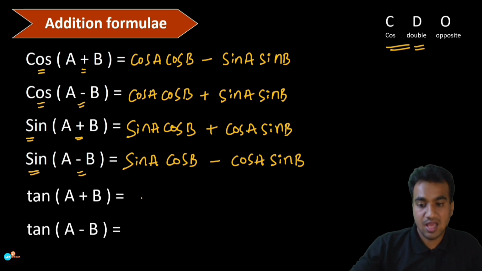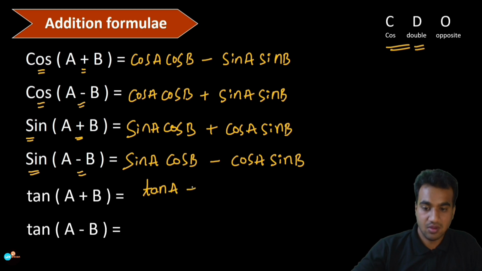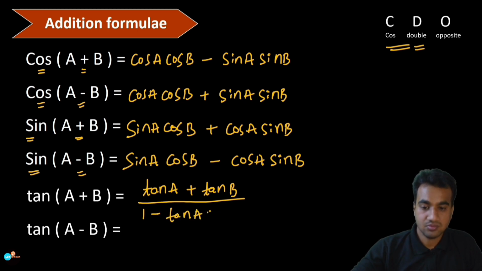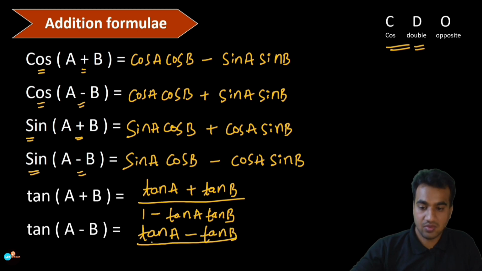So tan a plus b formula you can write like this: tan a plus tan b divided by, ಇಲ್ಲಿ ಪ್ಲಸ್ ಇದೆ ಅಂತಂದರೆ ಇಲ್ಲಿ ಮೈನಸ್ ಬರಿಬೇಕು, 1 minus tan a into tan b. ಅದೇ ಥರ ಫಾರ್ tan a minus b you have to write tan a minus tan b divided by, ಮೈನಸ್ ಇರೋದ್ರಿಂದ ಇಲ್ಲಿ ಪ್ಲಸ್ ಬರಿಬೇಕು, 1 plus tan a into tan b.